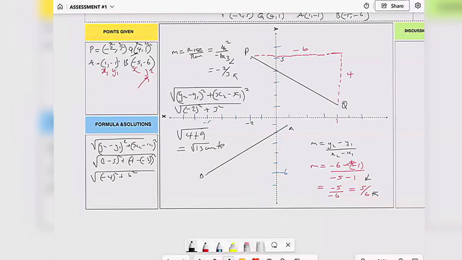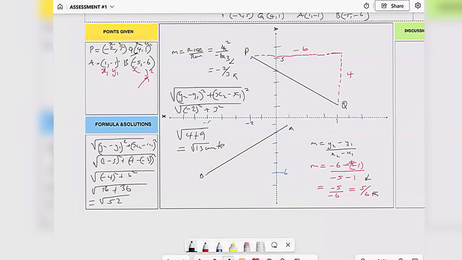So we end up then with the square root of 16 plus 36. So that ended up with the square root of 52. All right. So let's check if the square root of 52 is the same thing as root 13 units. Let's see.